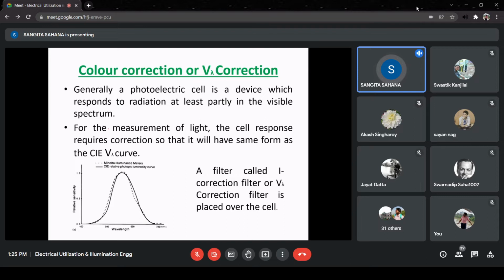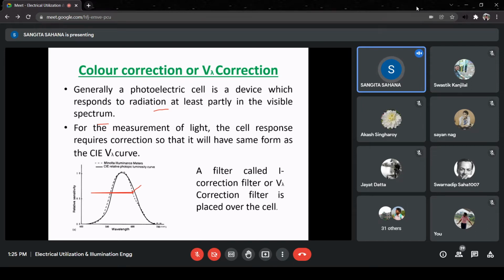The second criterion is color correction or V lambda correction. Now what is that? The photoelectric cell is a device which responds to radiation at least partly in the visible spectrum. So this dotted line is, suppose, the response of any material. This response must be equivalent to the V lambda curve, so that we can replace our eye by this detector.